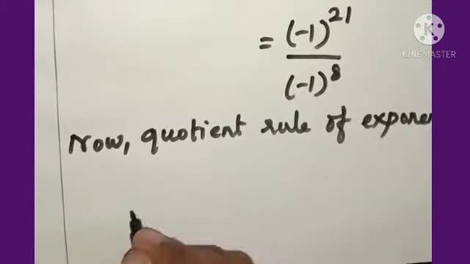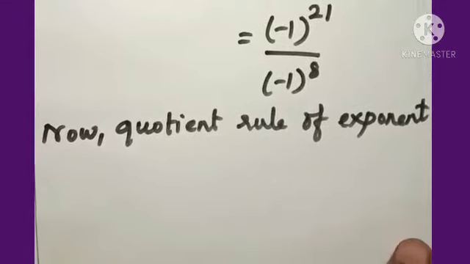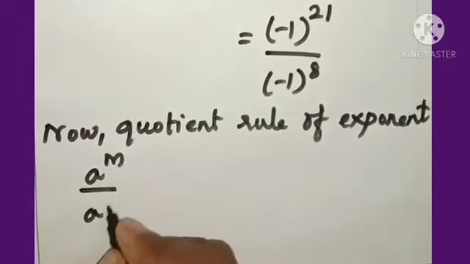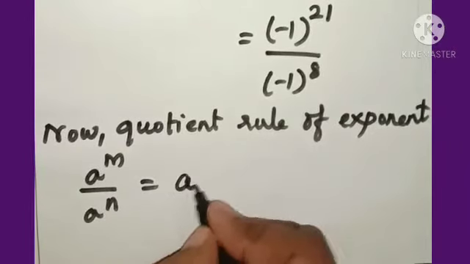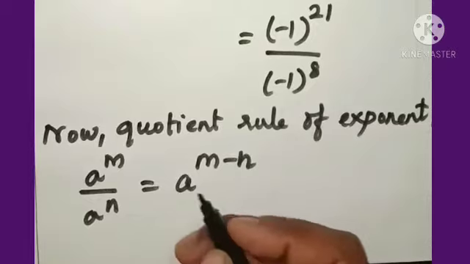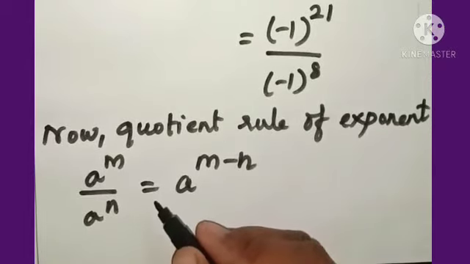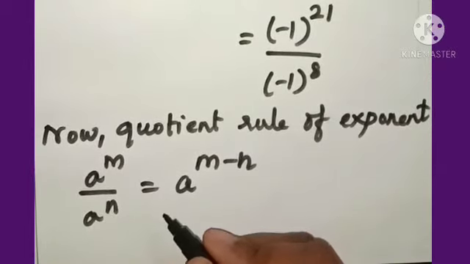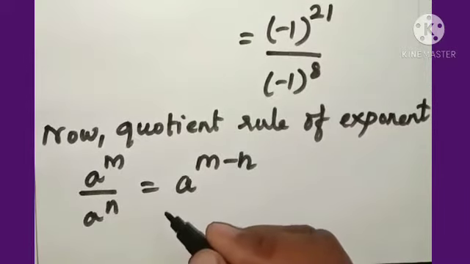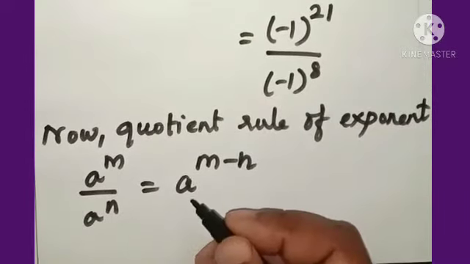What is the quotient rule of exponent? That is a power m by a power n is equal to a power m minus n. We know that the quotient rule of exponent is a power m by a power n is equal to a power m minus n for any non-zero integer a and whole numbers m and n.